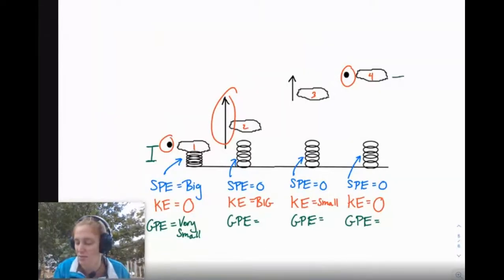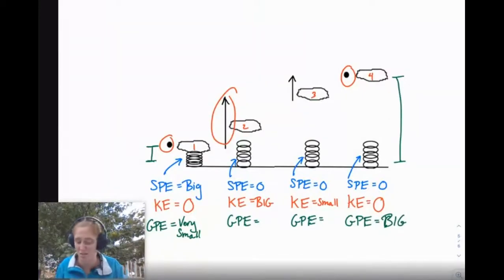And up here at number 4, I have a big height, which means I have a big gravitational potential energy. And in the middle, I have a small one and then a medium size. So my gravitational potential energy is going to get bigger every time because my height is getting bigger.